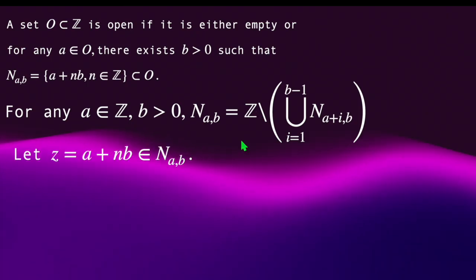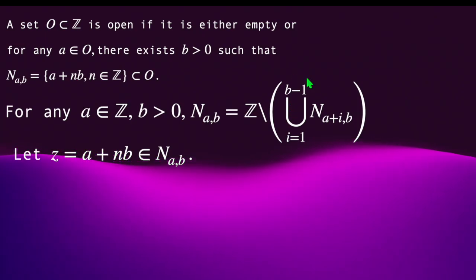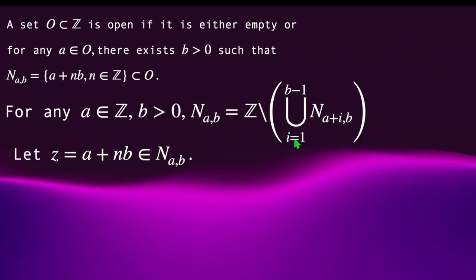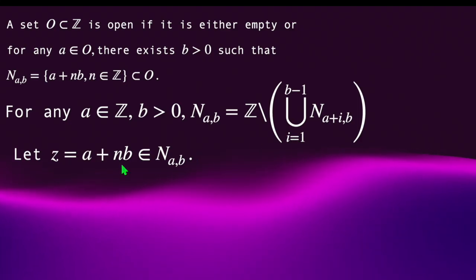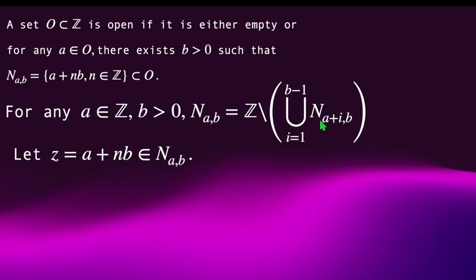So we take first an element here, we will show that it's here, and conversely. So let's go. We take Z equal A plus NB and NIB, and we will show that it is in this set. So we will show that it cannot be in any of this NA plus EB.